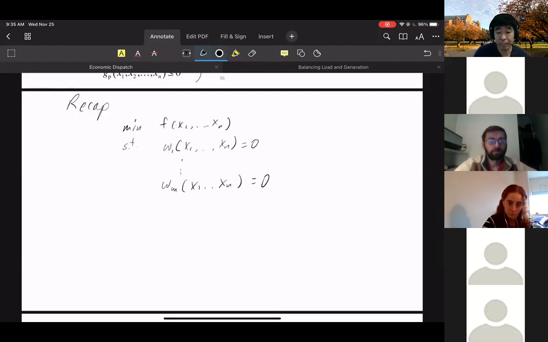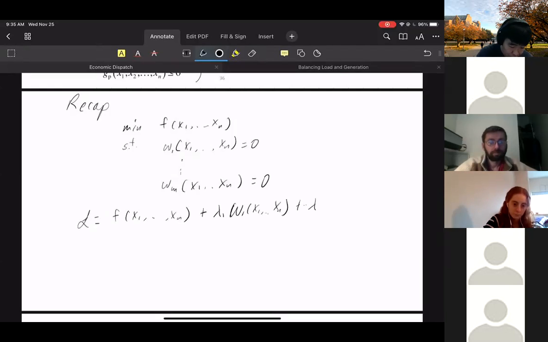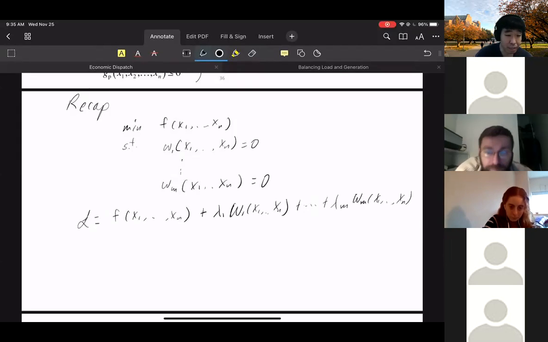From last class, we covered that there's a very mechanical way of solving this problem. Basically, you form the Lagrangian with Lagrange multipliers.